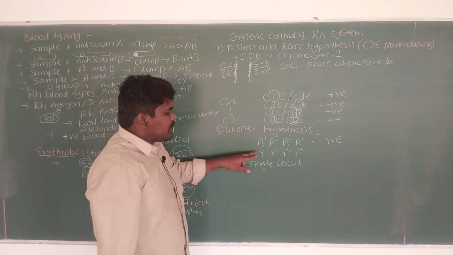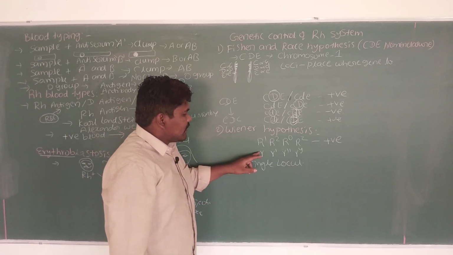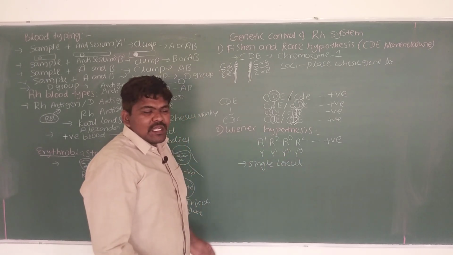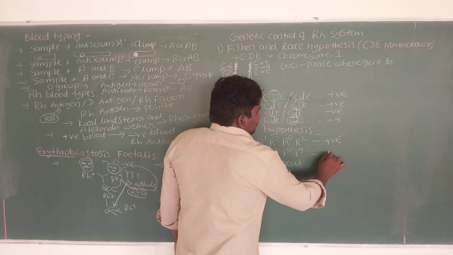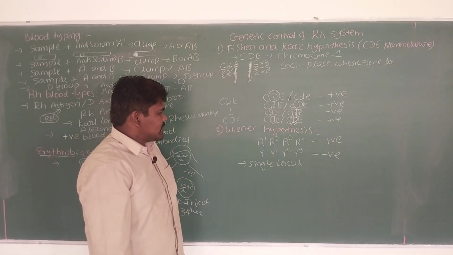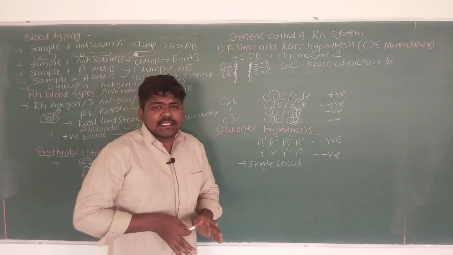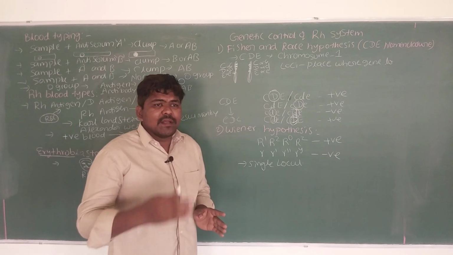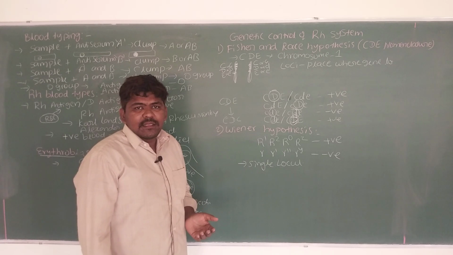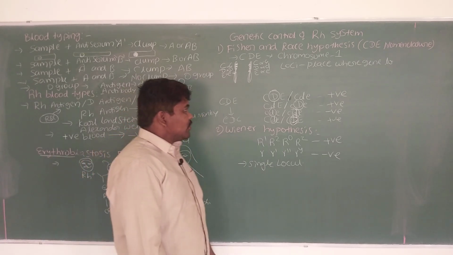If the genotype contains only small r's without capital R's, that is without any R or R1 or R11 or RY, only small r's are there, it belongs to the negative blood group, which does not form the Rh antigen. That is the Wiener hypothesis. If you see total human beings, 85% of human beings belong to the positive blood group, and the remaining 15% approximately have the negative blood group.